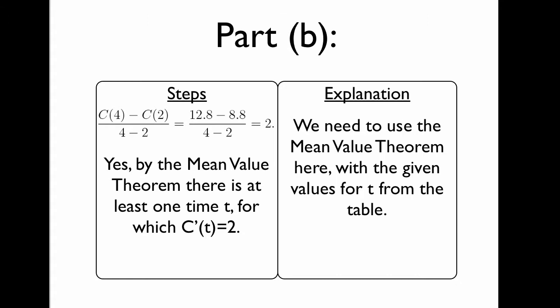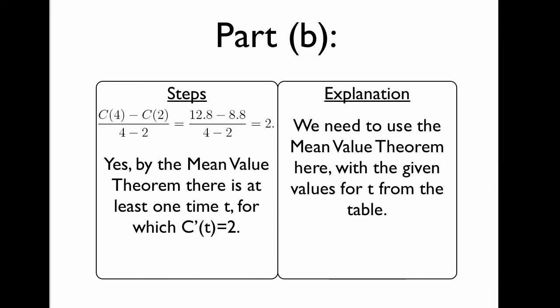Those major theorems are the intermediate value, mean value, and extreme value. And here the mean value theorem is what we would use. Now, off the top of your head, that might not pop in. You might think of another way to do this. But the mean value theorem says that the slope between the endpoints has to equal the derivative at some place between those endpoints. So here we're given the interval 2 to 4 for t.